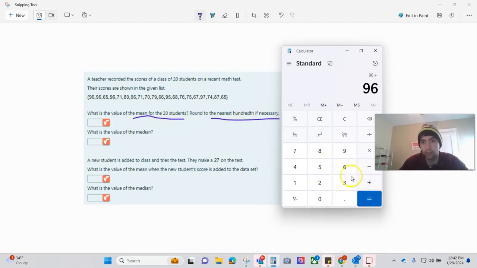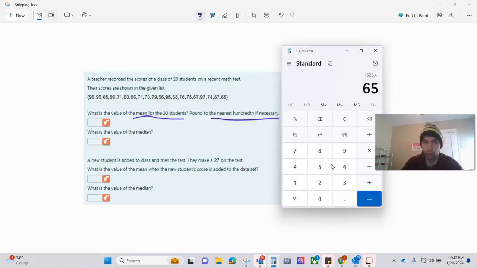Adding all the numbers, 96 plus 65 plus 96 plus 71 plus 80 plus 96 plus 70 plus 79 plus 66, 95, 68 plus 76 plus 75 plus 67 plus 97 plus 74 plus 87 plus 65.